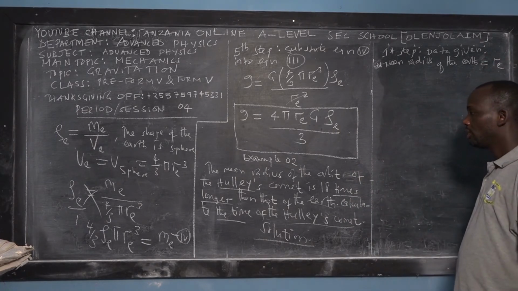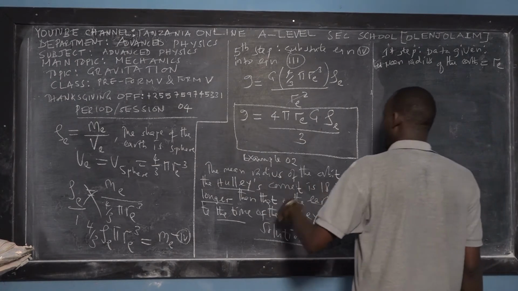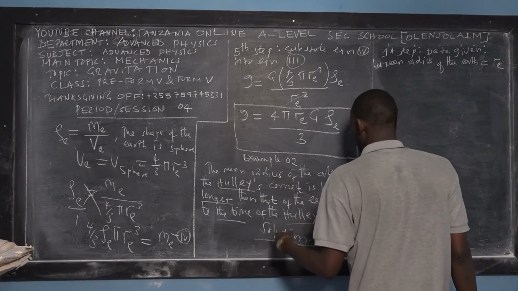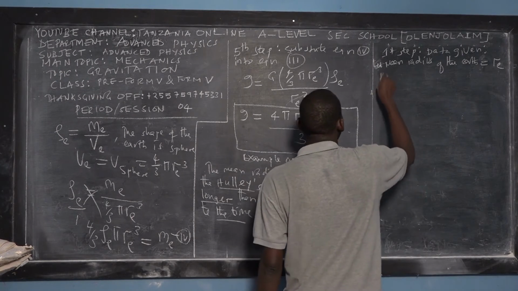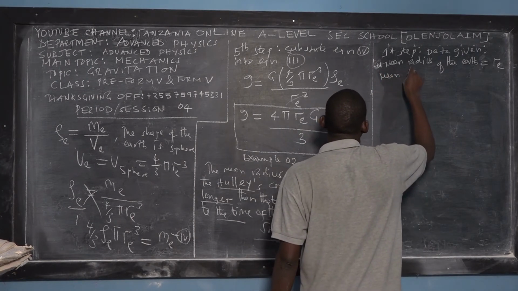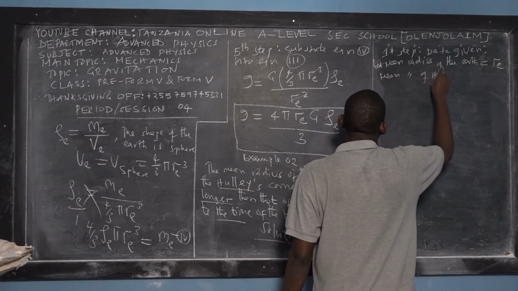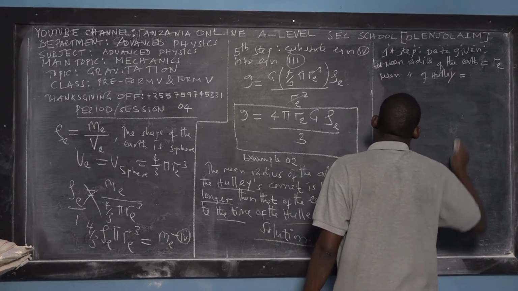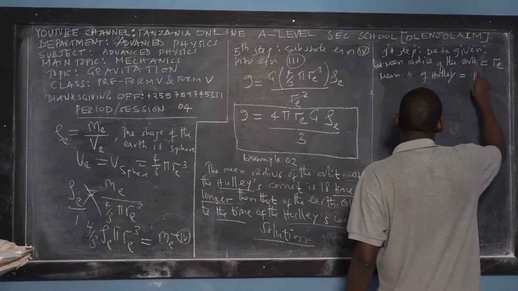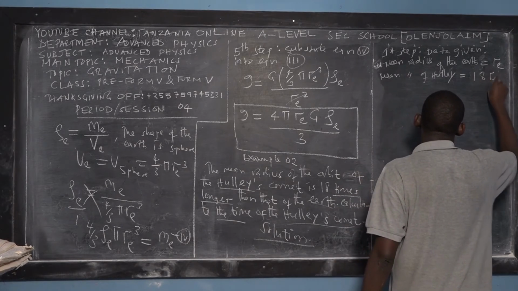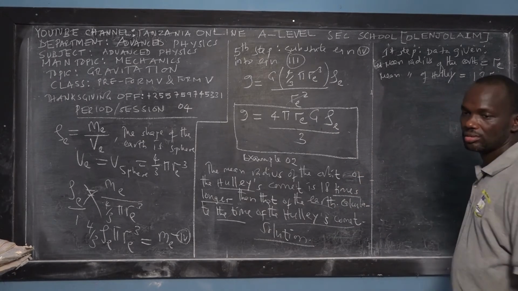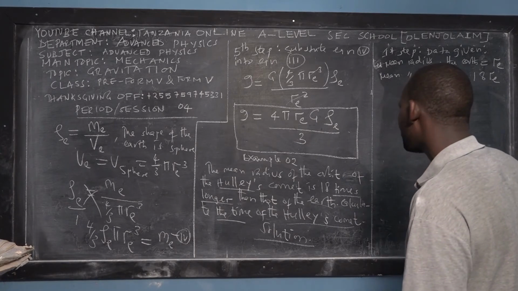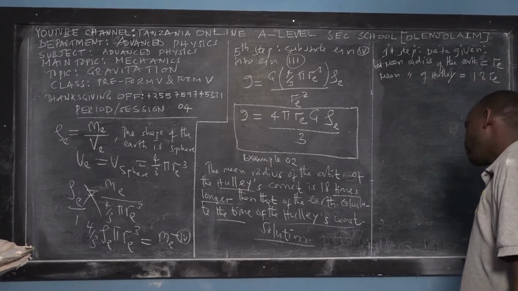Right? And so, given that the mean radius of the orbit of Halley's comet is 18 times, we say that the mean radius of Halley's comet is equal to 18 times the radius of the Earth.